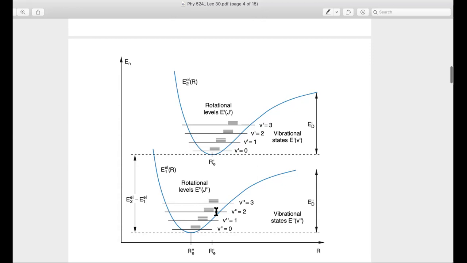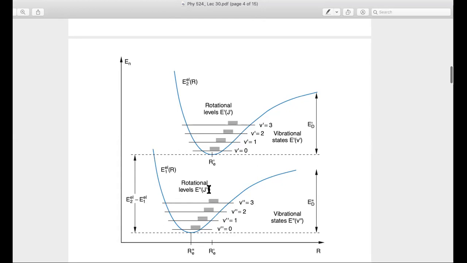And for each of these vibrational states, I have K equal to 0, K equal to 1, K equal to 2, K equal to 3, etc., the different rotational states. These black lines, which cross the electronic potential, are the vibrational states, and in each vibrational state, a lot of small lines are there, the rotational levels.